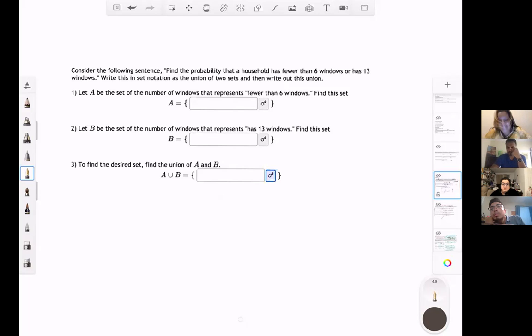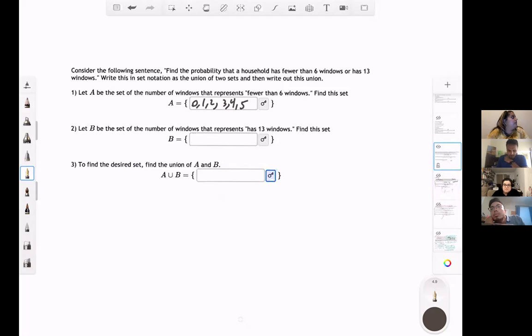So fewer than 6 windows, what is the set? 1 through 5, right? Fewer than 6 windows, so it's going to be 0, 1, 2, 3, 4, 5. Good. We will have no window, 1 window, 2 windows.